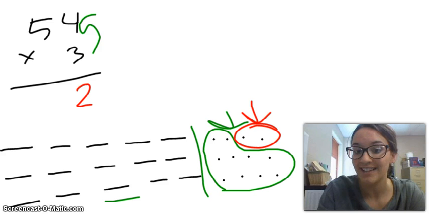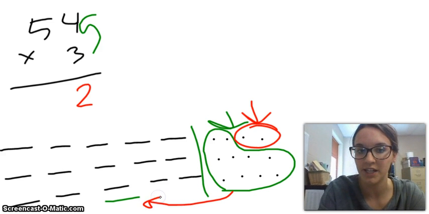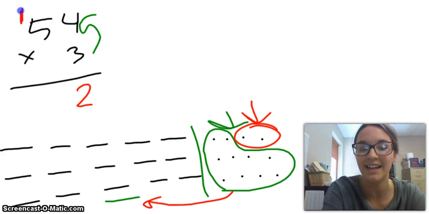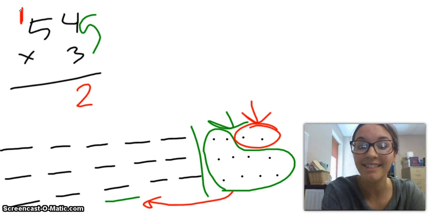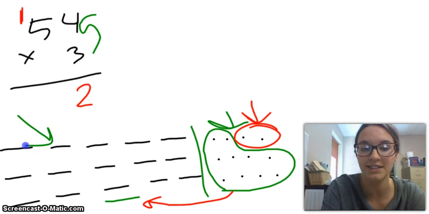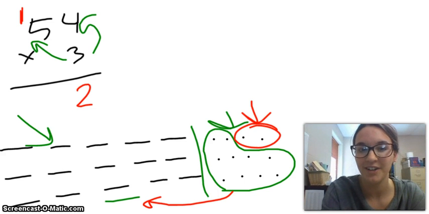What I did with that 10 is I actually brought it over here. So I'm going to carry a 10, because I had 1 ten in my ones. Then I'm going to multiply the tens side of my array. So I can look at this side, and I can say 3 times 5, because I have 5 tens in 3 rows, would be 15 tens.